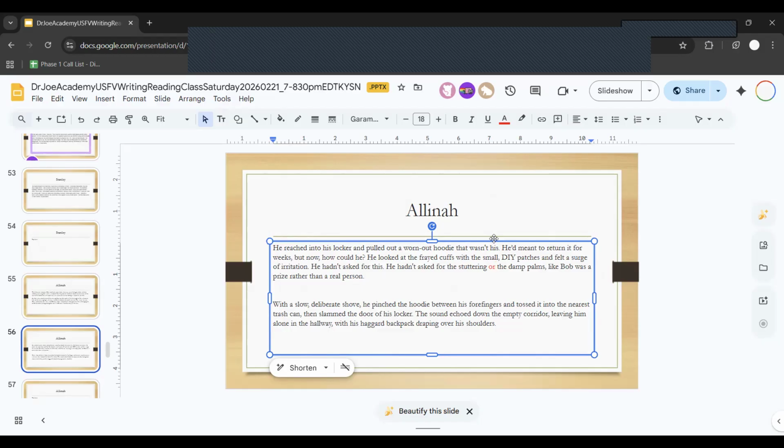Yeah, okay, he hadn't asked for the stuttering or the damp palms, like Bob was a prize rather than a real person. Okay, I'm just thinking, maybe instead we could change this to, for being treated like a prize rather than a real person. Yeah, let's do that.